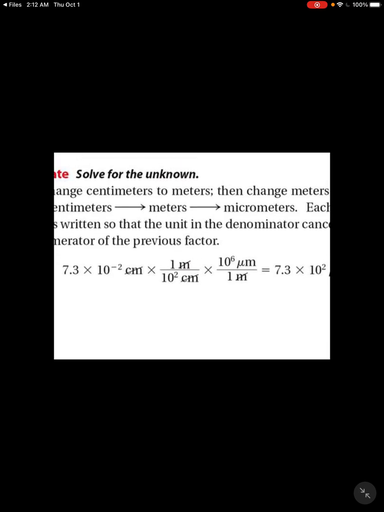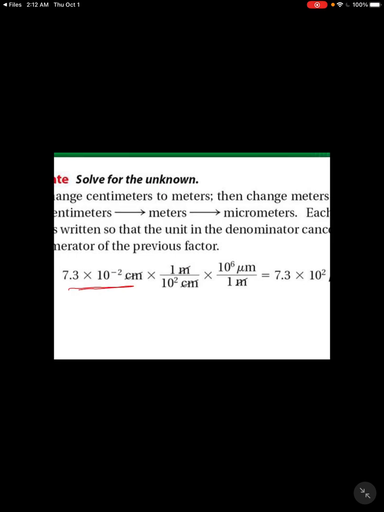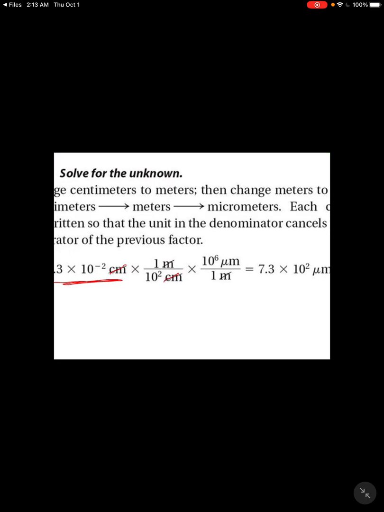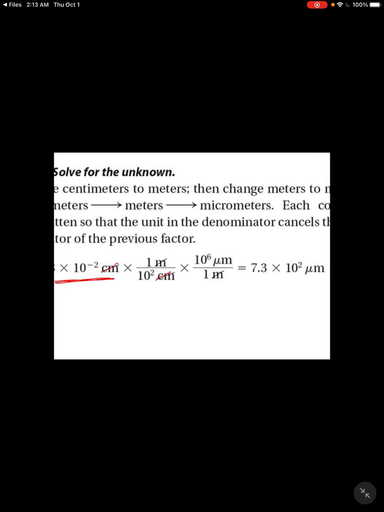Here's my original value in centimeters, and I'm going to multiply that by 1, where 1 meter equals 100 or 10 to the second, or 10 squared centimeters, so my centimeters cancel. And then I'm going to multiply it by 1 again, where my meters are going to cancel out because 10 to the 6 micrometers.